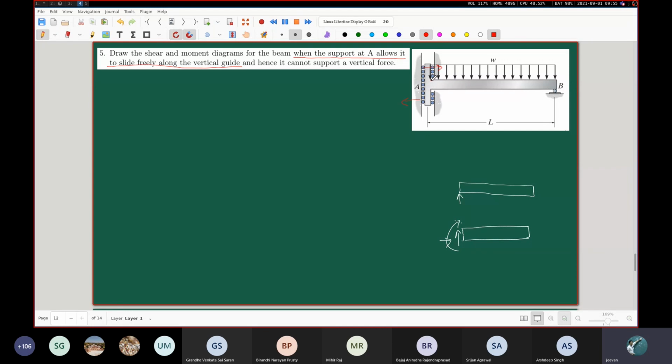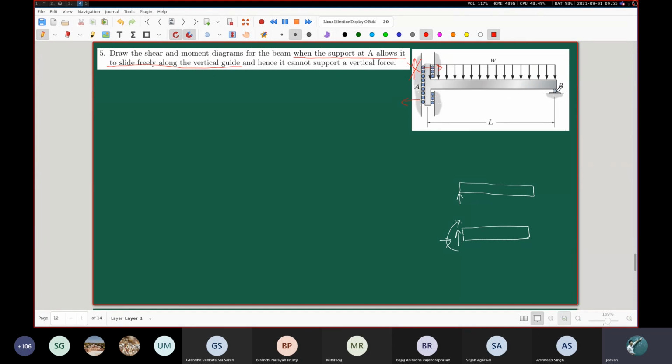which will be acting on the left end. So whenever you have a support like this, you understand that there is no vertical force. Vertical force absent. Horizontal force may be there, but as far as the solution of our problem is concerned, in which we are definitely concerned about the transverse loadings, the vertically oriented reaction forces, and the moments, it is that moment part which will be of concern to us for solving this problem.